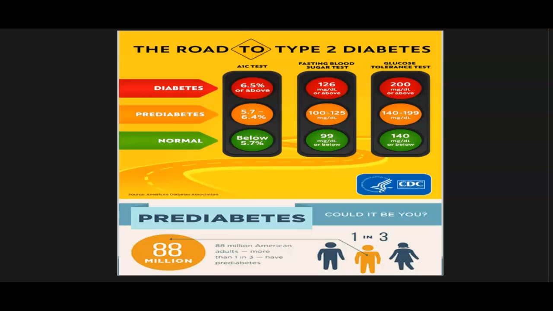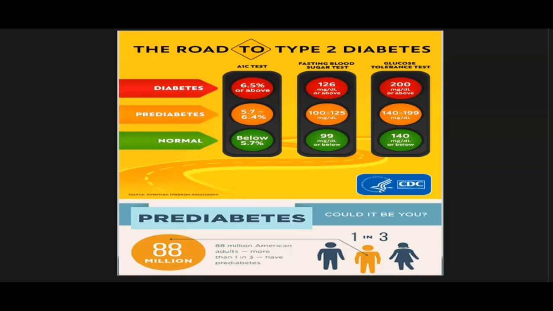Prediabetes refers to blood glucose levels that are higher than normal but not high enough to be diagnosed as diabetes, like we said. And most people with prediabetes develop type 2 diabetes within about 10 years or so. It just depends on the person and their particular circumstances.